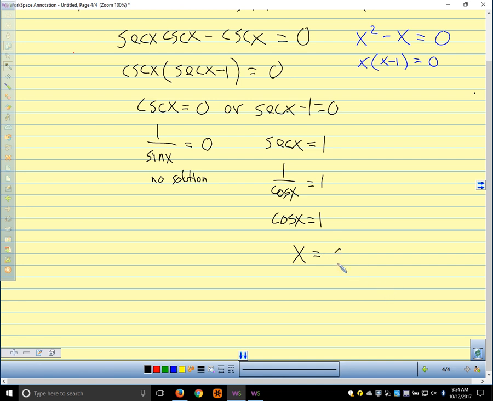So we could say 0 plus 2n pi. And that would be our solution. Some multiple of 2 pi. All right. Questions on that example? And for this answer, you could just write 2n pi. You don't have to write the 0 plus.